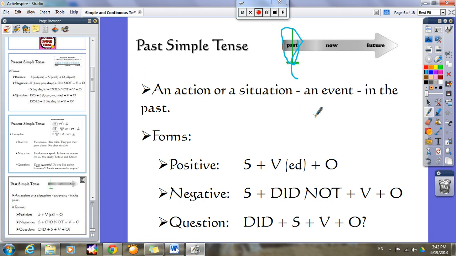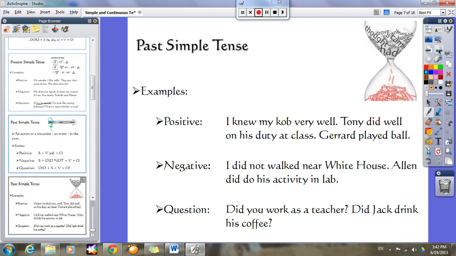How do we make the form? How to make past simple tense? We add verb plus ed or use an irregular verb to make a sentence with past simple tense. For instance, I knew my cousin very well. Tony did well on his duty at class.